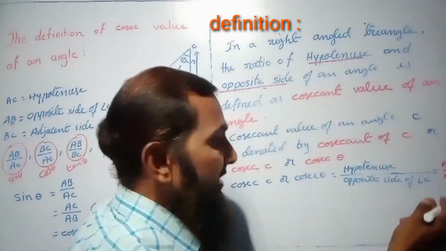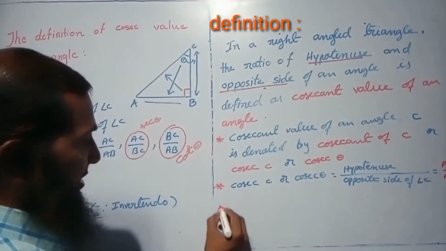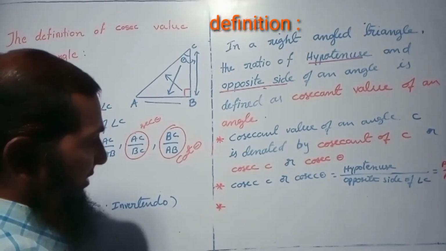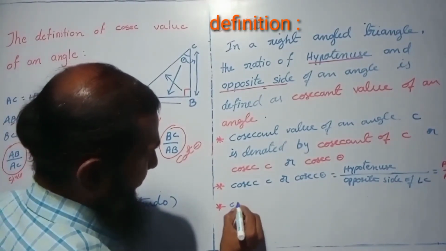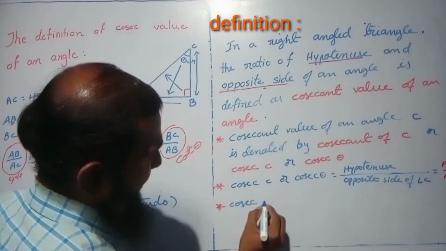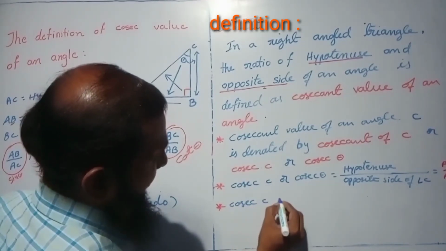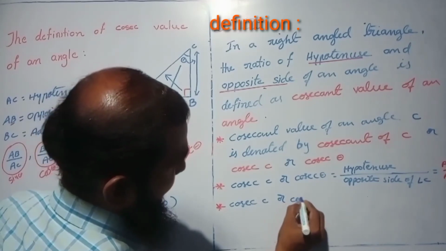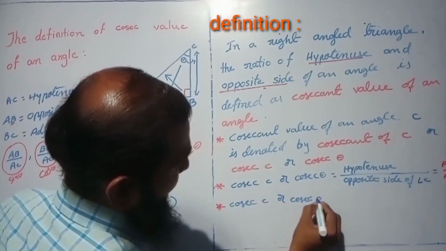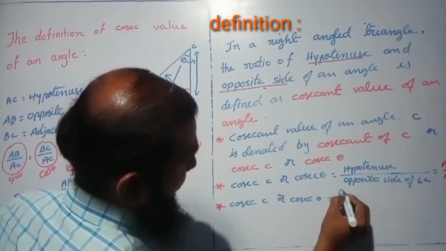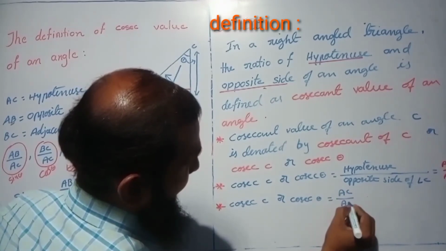The ratio is AC by AB here. So simply we should write cosecant C or cosec theta is equal to AC by AB.